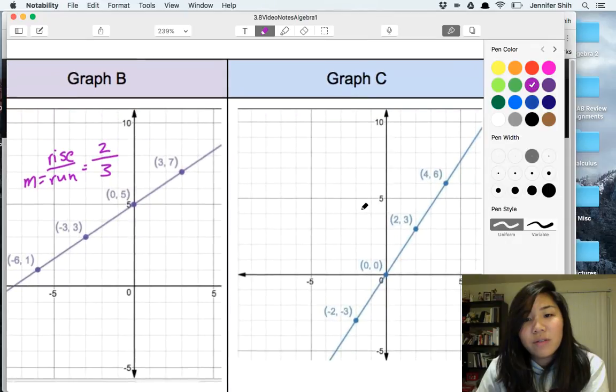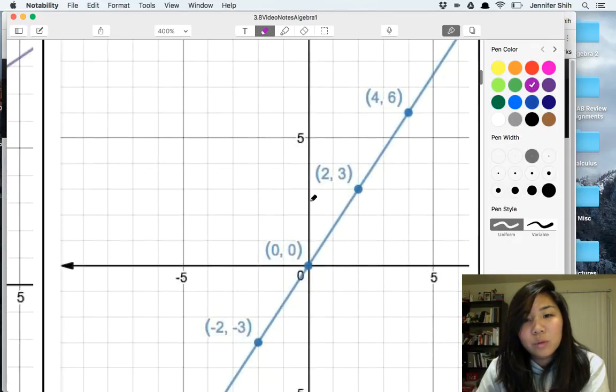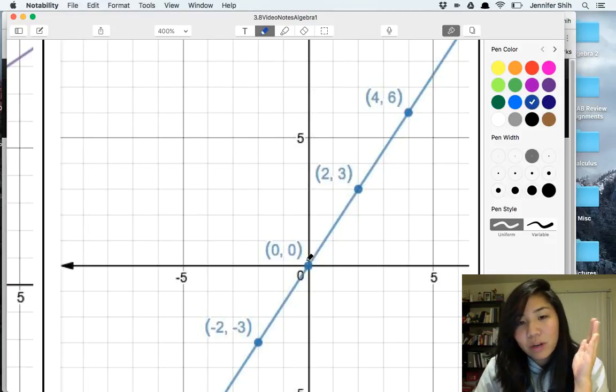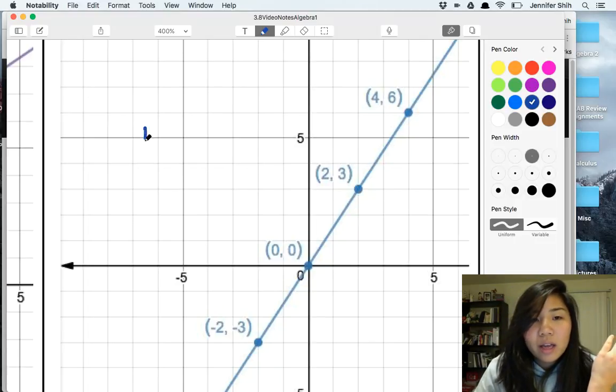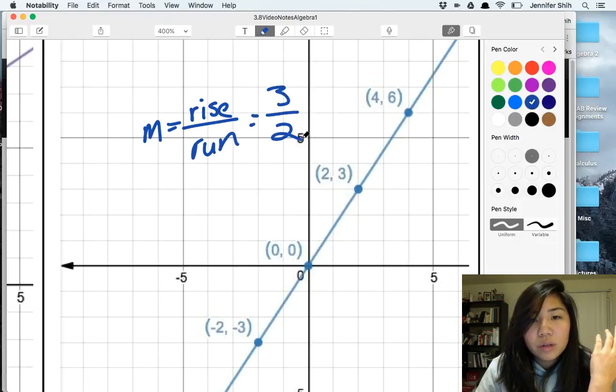And then for graph C, there's a 0, 0. I like using the 0, 0 point because it's really easy for me to tell what the rise and run is from 0 to any point on the line. So my rise over run is 3 over 2.